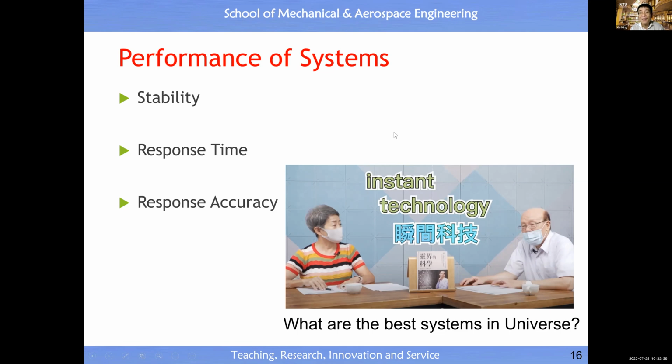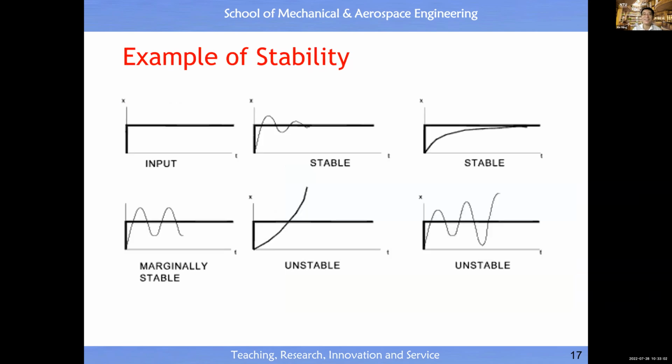So in which place could we find that the systems are static, or the best system? The answer is heaven. For those of you who like to study religion, you can link your study with this slide. It's very interesting.